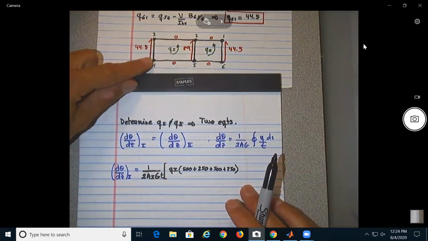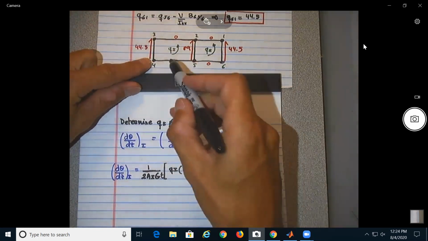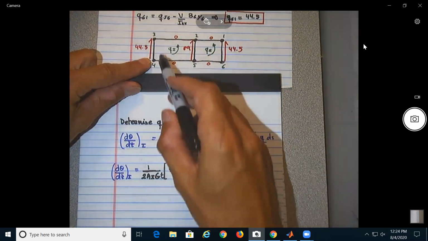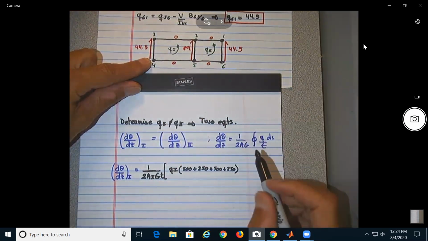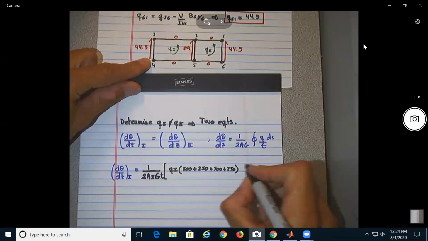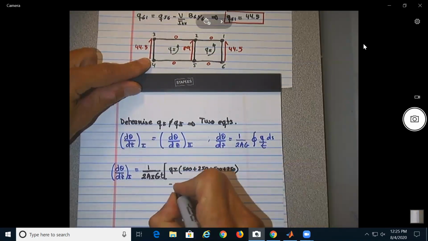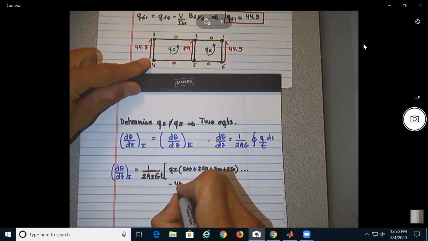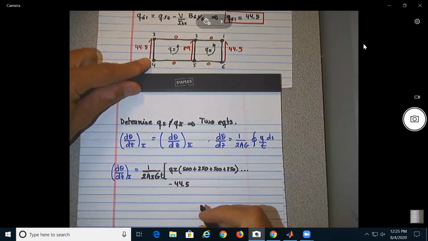Now, what would be the effect of this 44.5? Will it be positive to do the angle of twist to be clockwise or counterclockwise? It will go clockwise, no? So it will be resisting the motion. So it will be minus, here I will put minus 44.5.